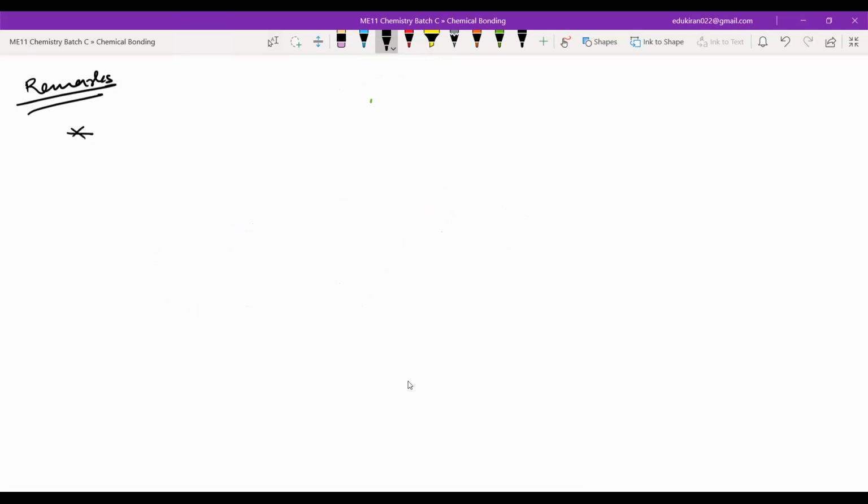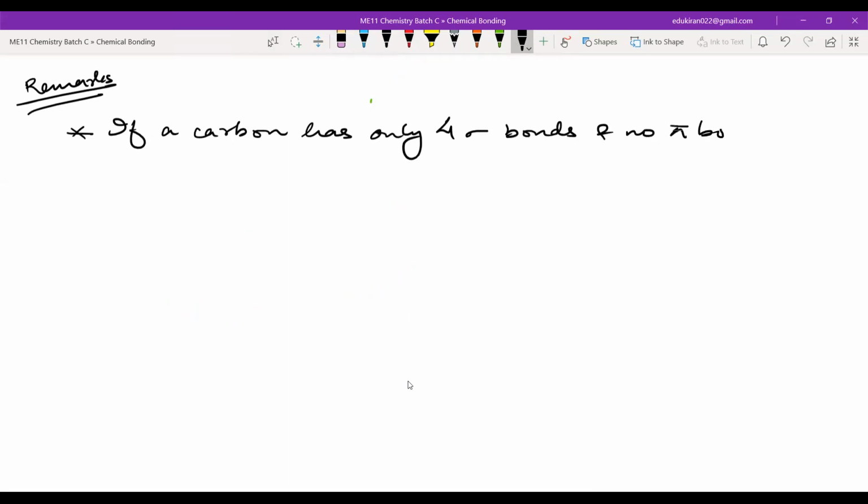If the carbon has only sigma bonds, or rather only 4 sigma bonds and no pi bonds, then it is sp3. Now if it has 3 sigma and 1 pi, then it will be sp2. If it is having 2 sigma and 1 pi, then it will be what?